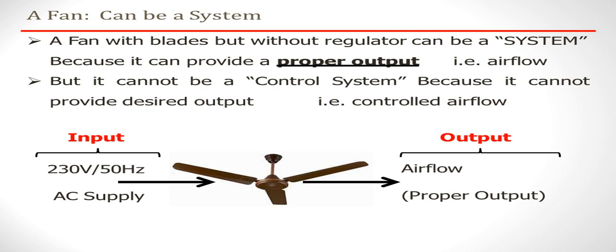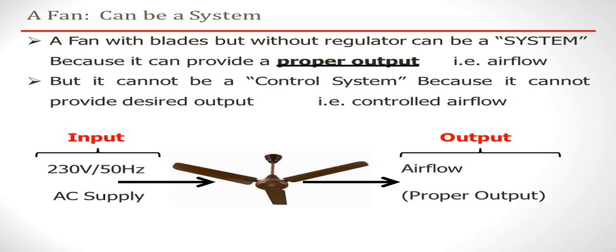Then see in this picture, when we call the fan a system, here again the input is given as 230 volt AC and it is having blades, so we will get the output as airflow. Okay, so it can be called a system but not the control system.